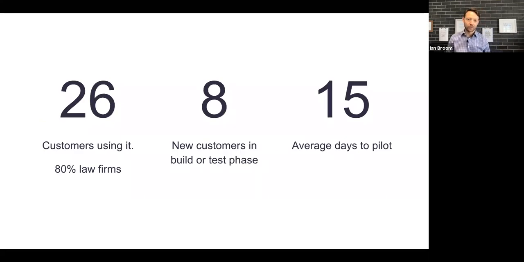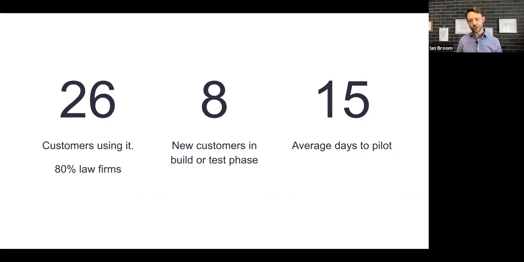To date, we have about 26 of our current customers using it. Fliplet's customers are predominantly made up of large professional service organizations. About 80% of the customers that are using the app are law firms. We have about 8 current customers producing their own version of the Return to Office app, so the number of 26 in a month or so will be even higher.